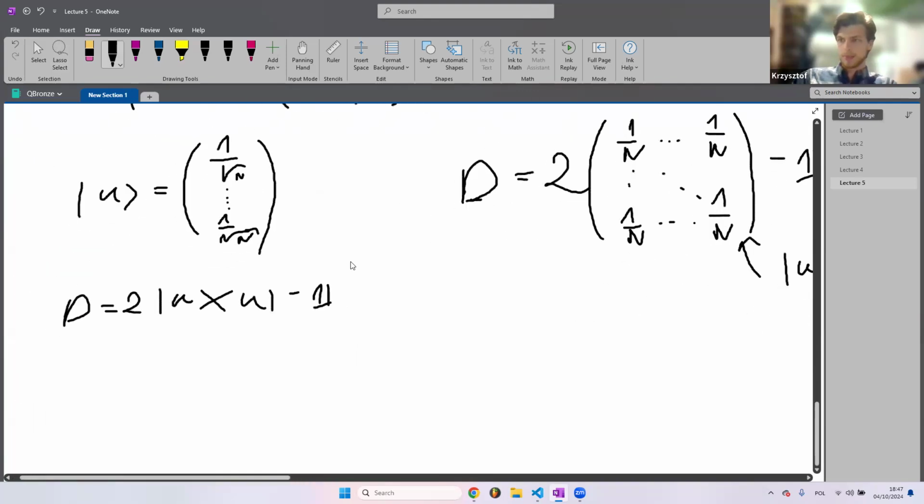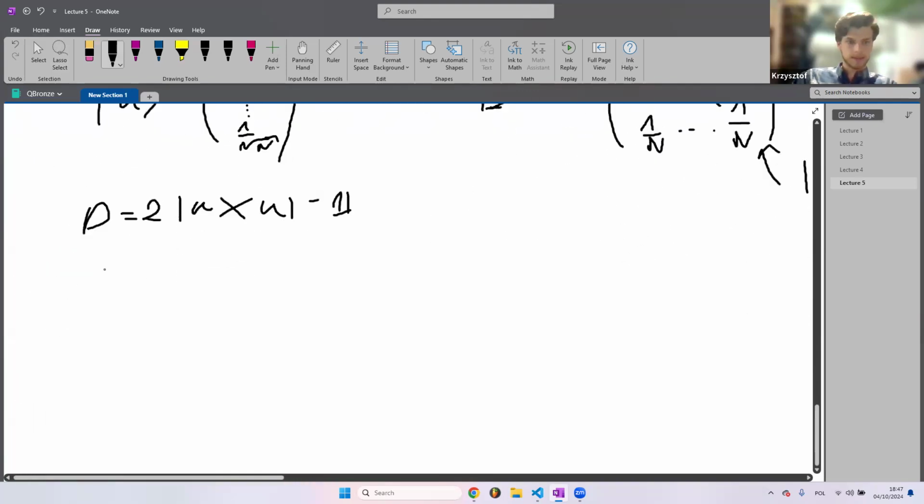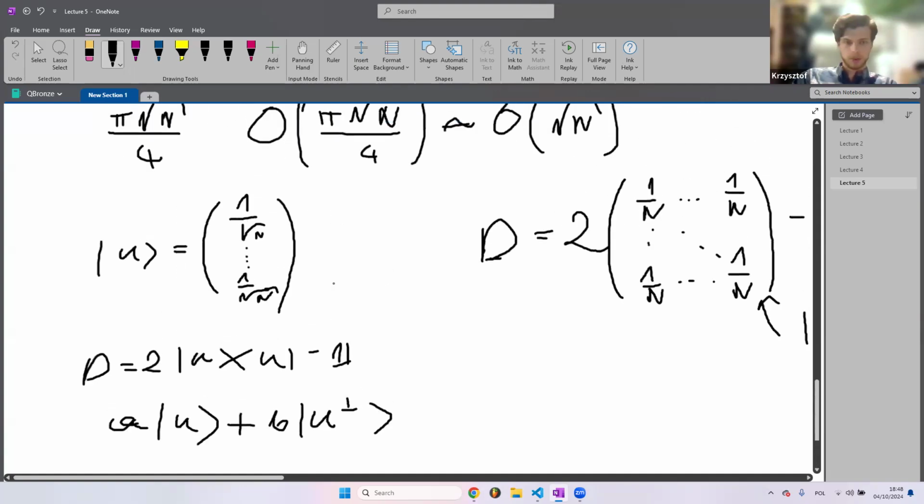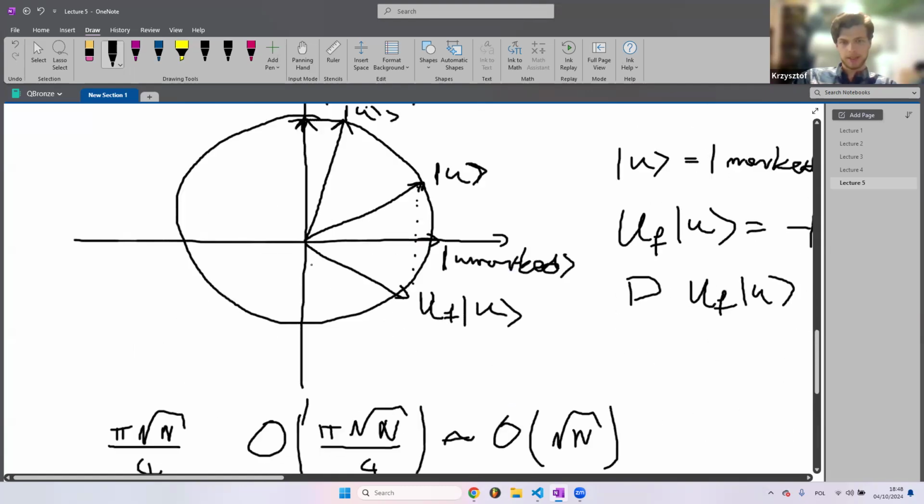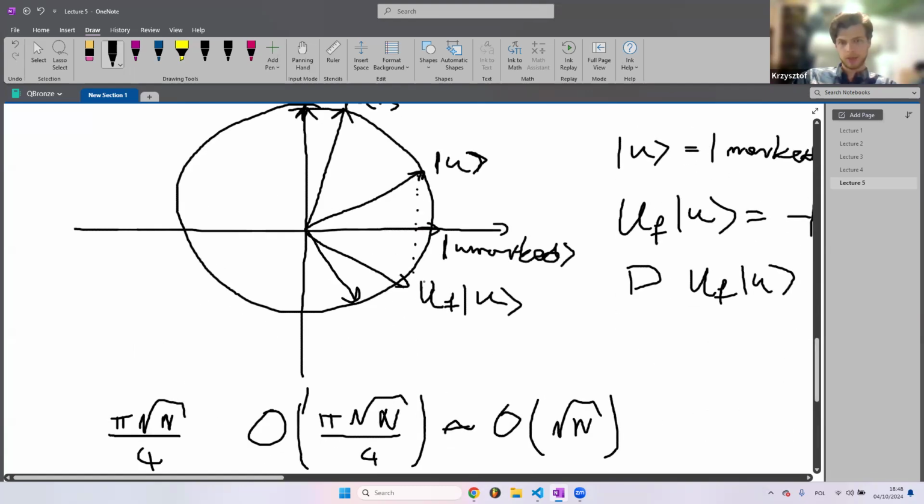So let's represent our quantum state now as a times U, any arbitrary state, plus b times U perpendicular. So we have vector U and some other vector that's perpendicular to it, and we can represent any vector on the plane as a superposition of those two vectors.